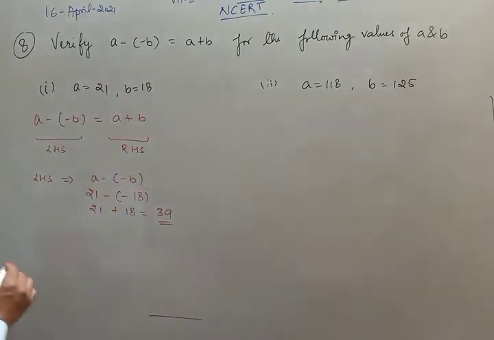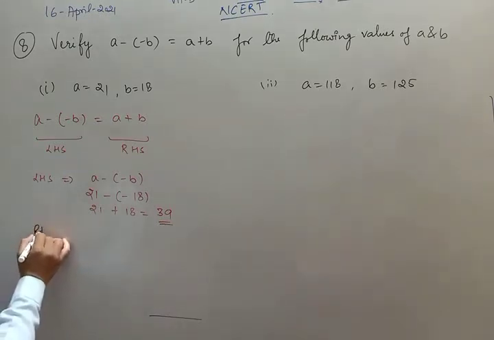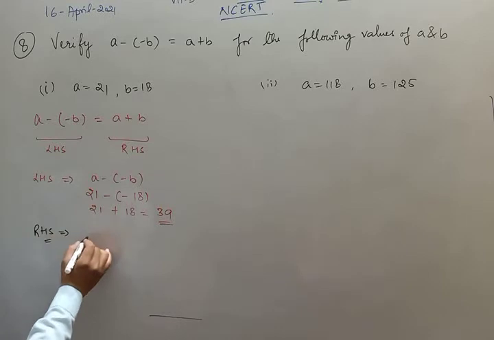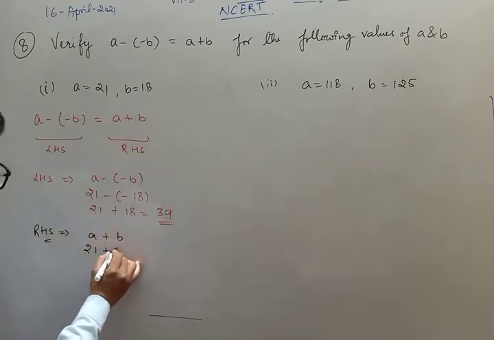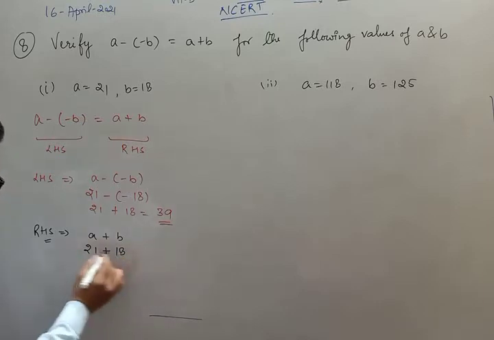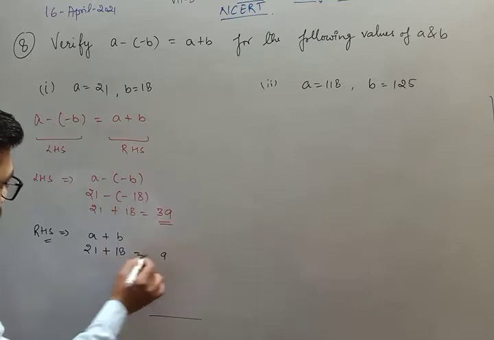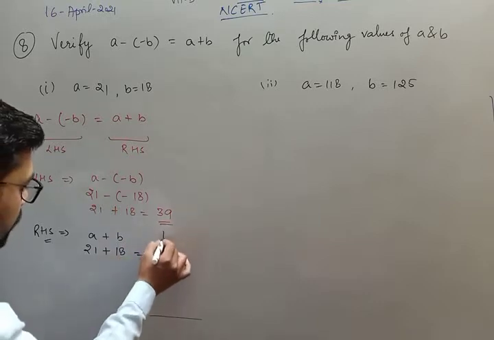Now I just need to check for RHS. a plus b. What is given in a? 21 and b is given 18. And the summation of a plus b, 1 plus 8 is 9, 2 plus 1 is 3, again 39. So 39 and 39.